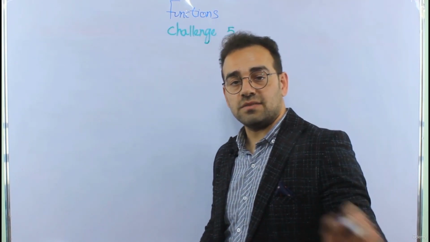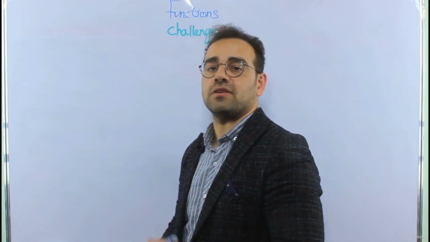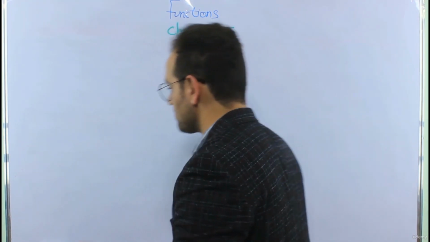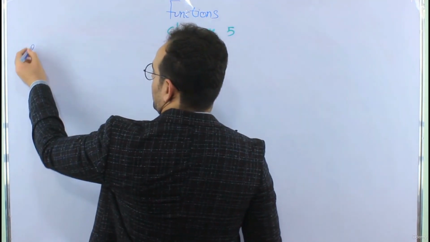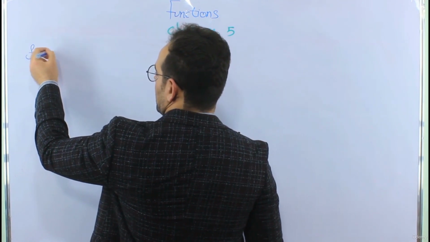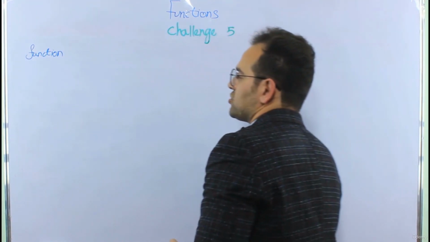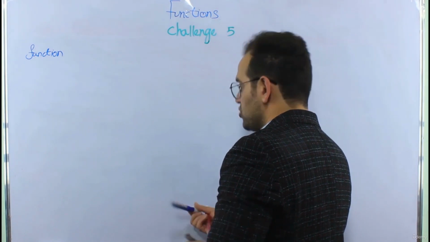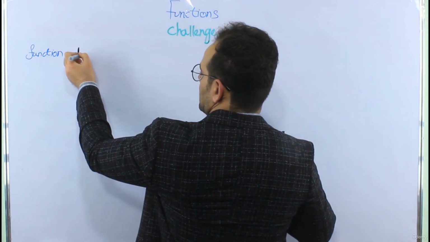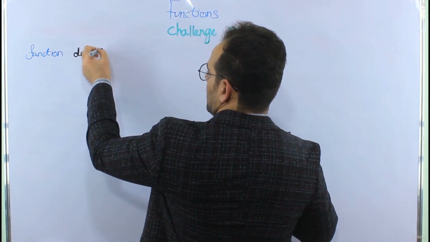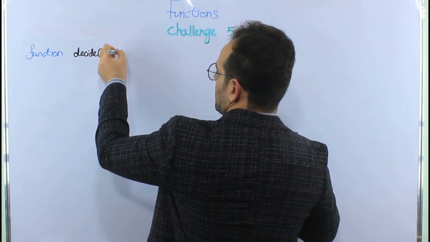I seem to have function declaration, so I'm going to be using function declaration. I'm going to write the function keyword here. The name of the function is going to be decideOperation.